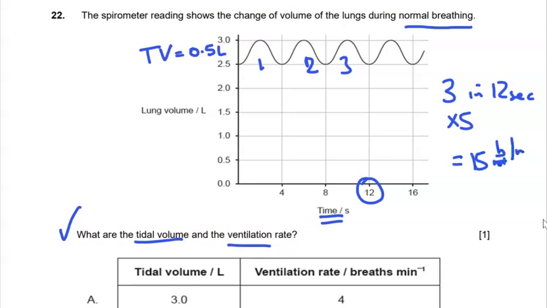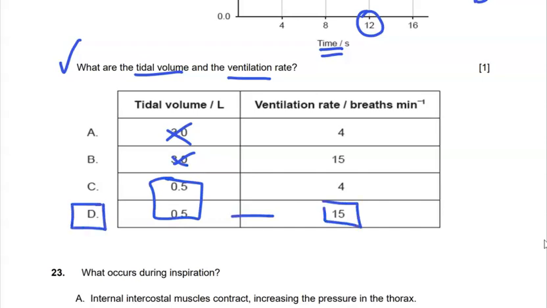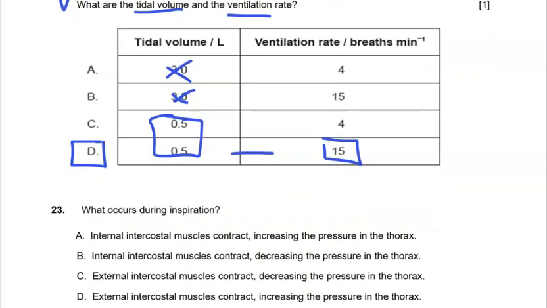So let's look at the options that are being offered here. So neither of those, because I need this value here, and then we have 15 here. So we are on 22D.